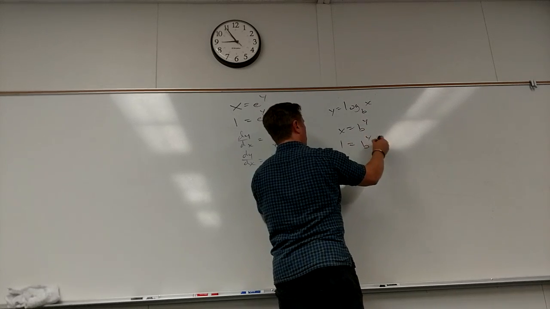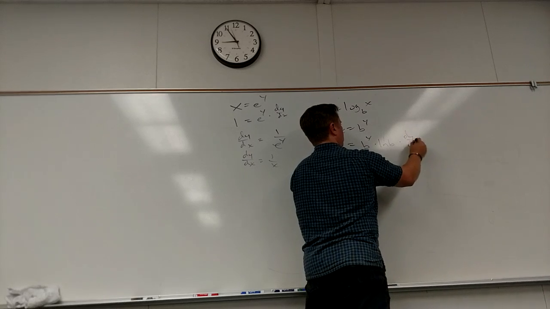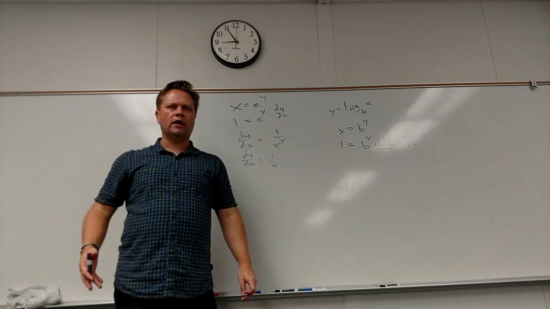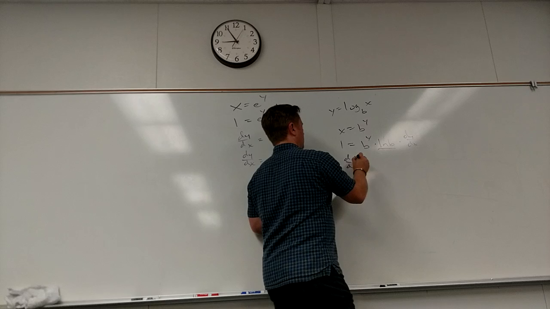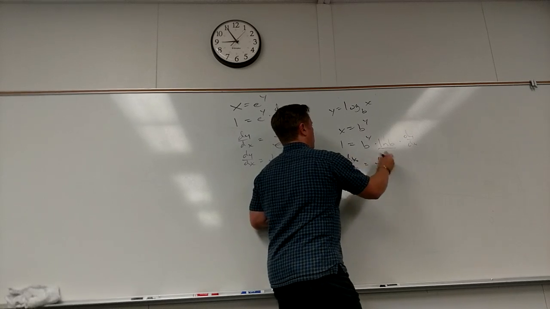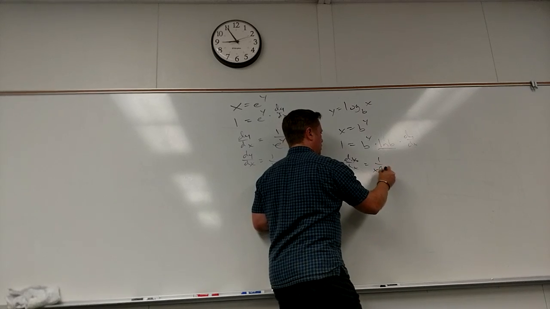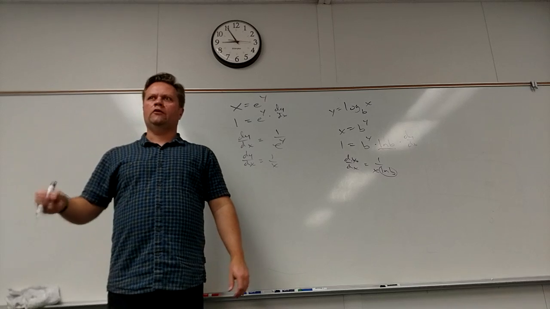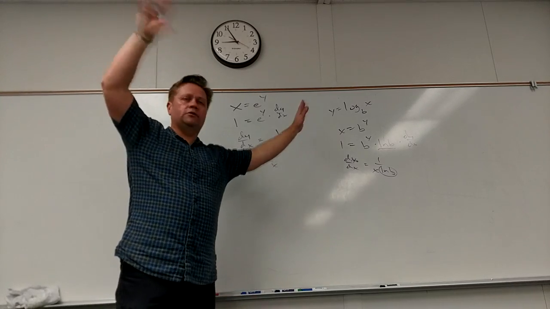The derivative of b to the y was actually this. I don't know if you guys remember, this was the adjustment for it not being e. We proved that before. So what you end up with is dy/dx equals 1 over b to the y, which is x, times natural log of b. So there's that adjustment we should expect for the base not being e. If the base is e, the derivative is nice, because that extra factor goes to 1.